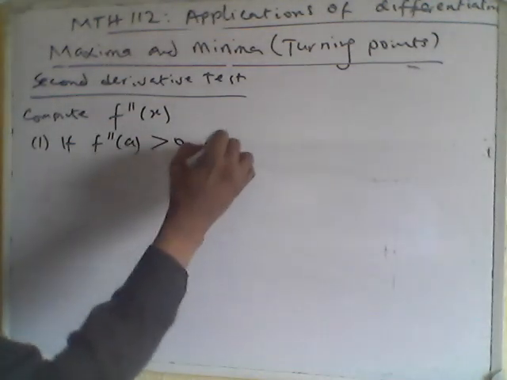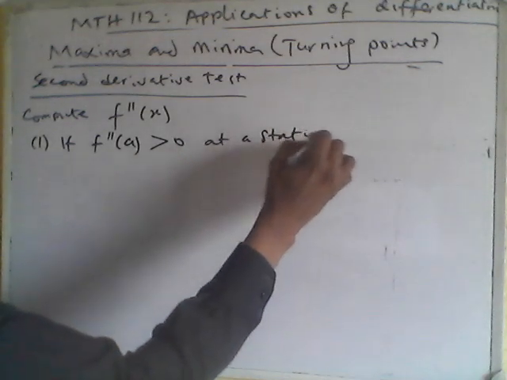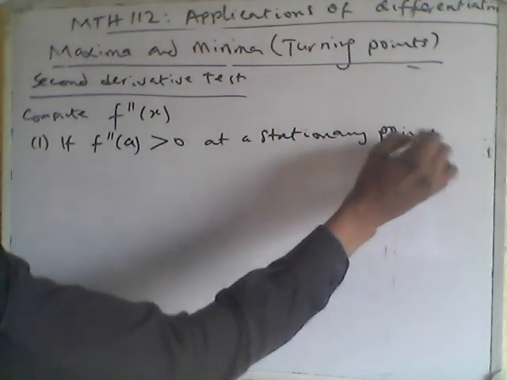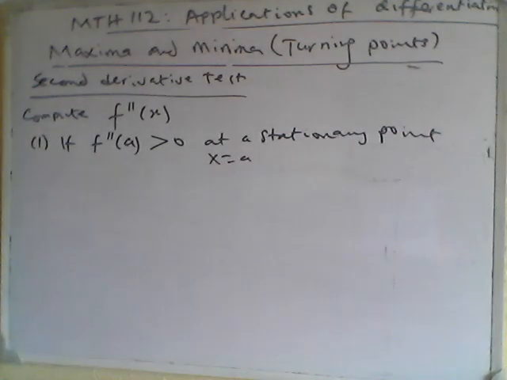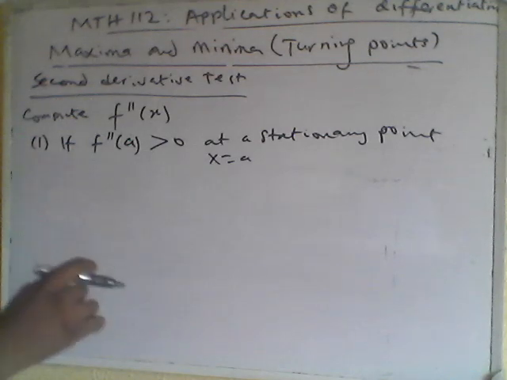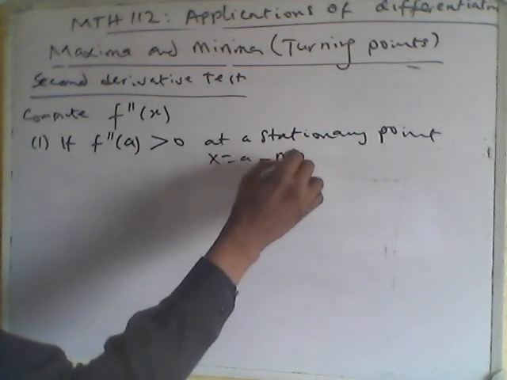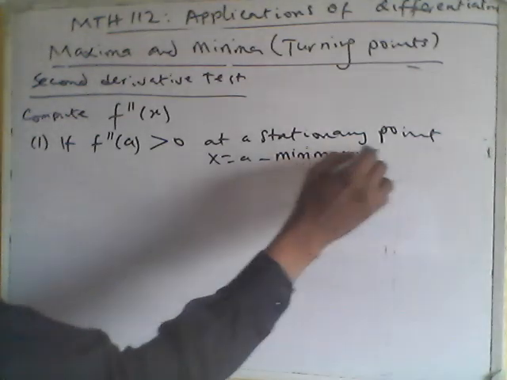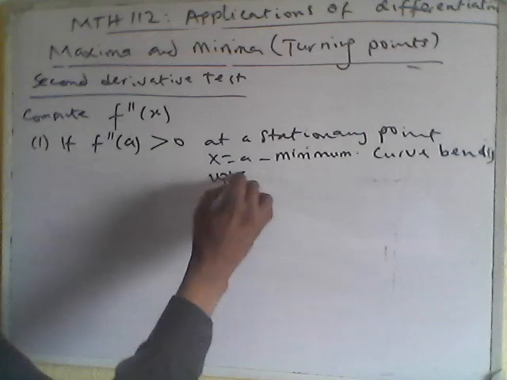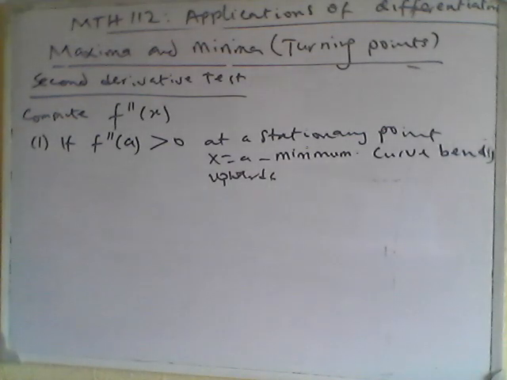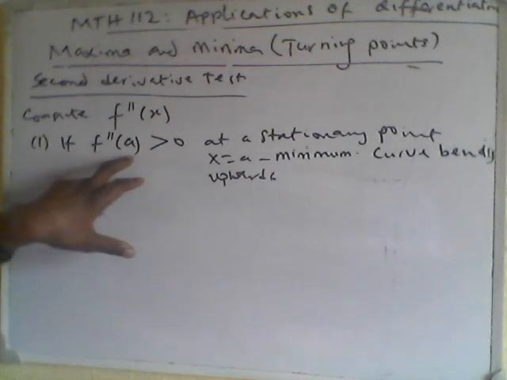At a stationary point x equals a, then minimum happens, the curve bends upwards. So this is minimum. Okay, so this is how this thing is playing out. It bends upwards.